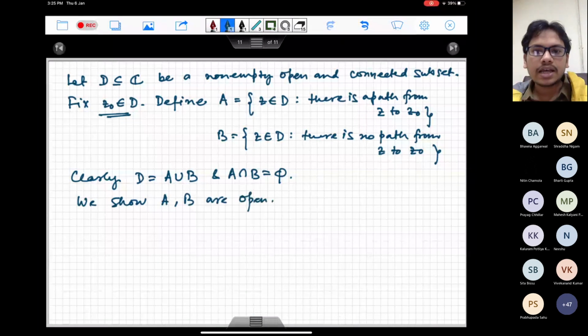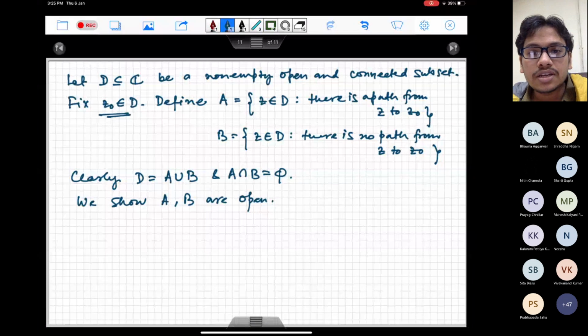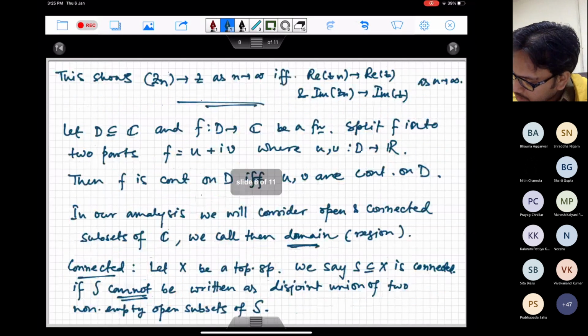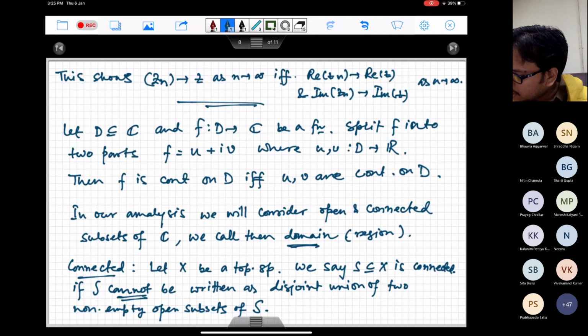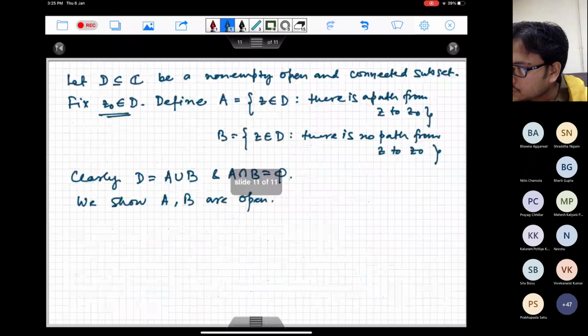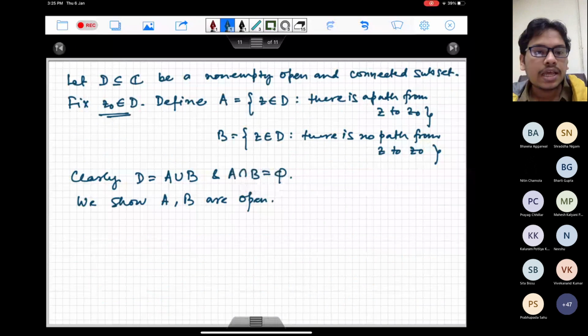And now I know what? I know D is connected. And connected means what? I cannot write it as a disjoint union of non-empty open sets. Right? That is what the definition was, that I cannot write it as a disjoint union of two non-empty open subsets. But if I can show that A and B are open, and I see that D is equal to A union B, then I must have at least one of them empty.